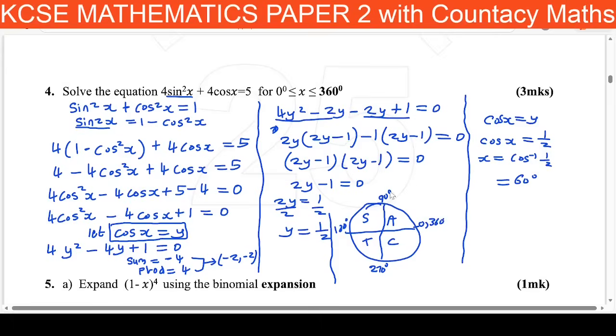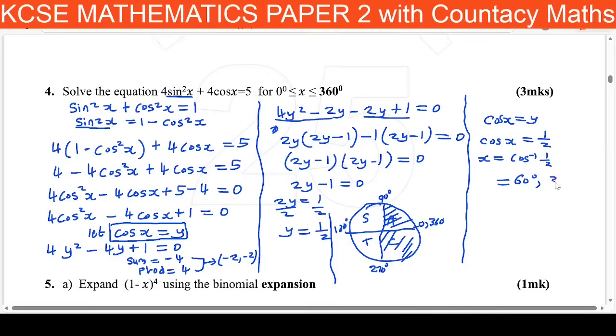Therefore, the only place where this cos can be positive is under this first quadrant and in this final quadrant that is there. Therefore, we can find another value such that cos of that value will be equivalent to a half. But how do we do that? How we are able to do that is that we take this 360, we minus 60.